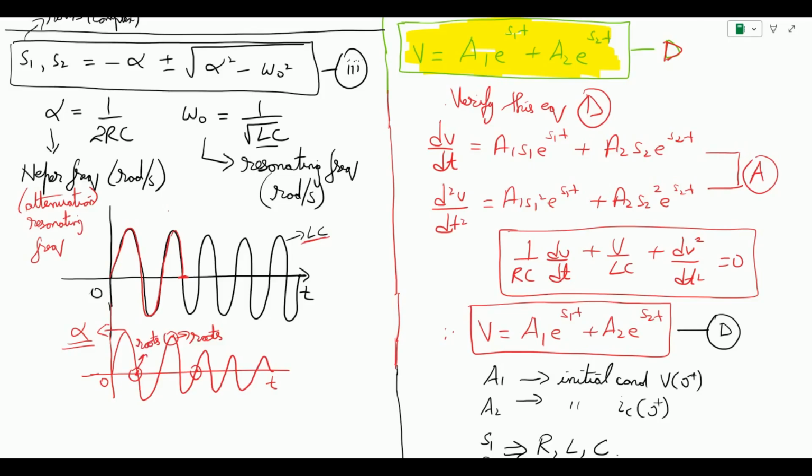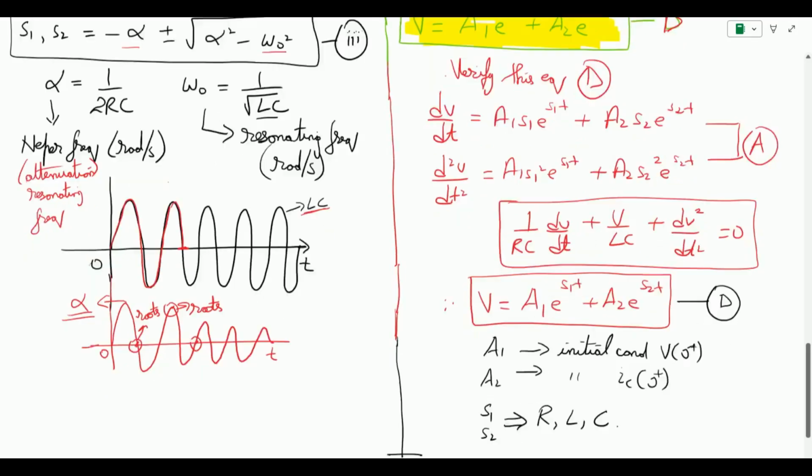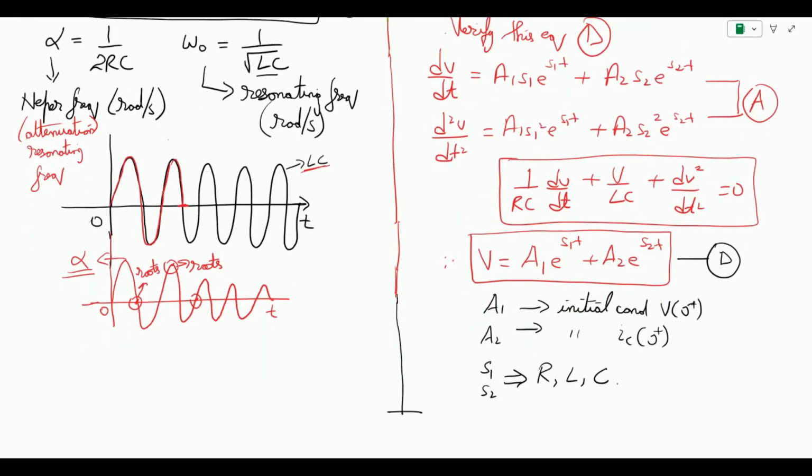So what are the roots of the characteristic equation? Basically these are the specific points which help us know what happened to the signal at that instance. This is how, when alpha and omega work in coherence, these resonating signals can be brought back to their final state or steady state condition, with the Neper frequency playing a role in attenuating the signal. Hopefully this comparison between the resonating frequency and the Neper frequency is clear.